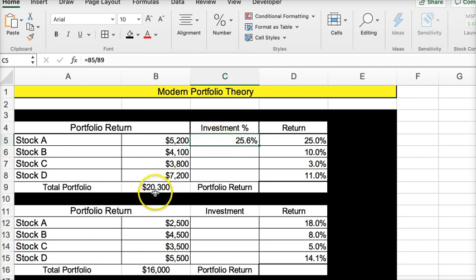If I lock down cell B9 with a couple of dollar signs, then I can get all the percentages, and together they should equal 100%.